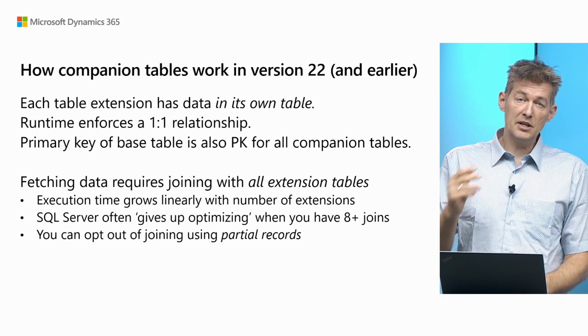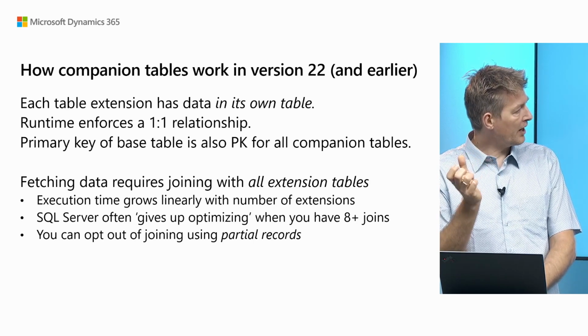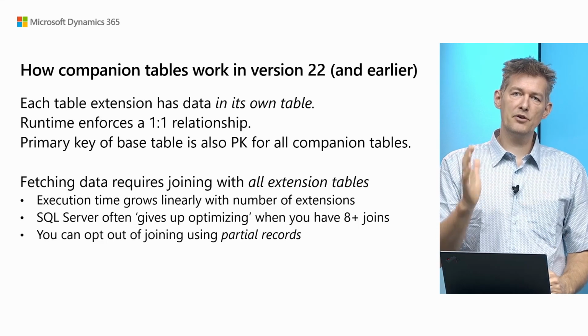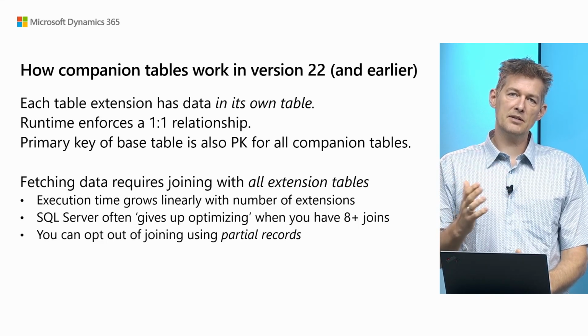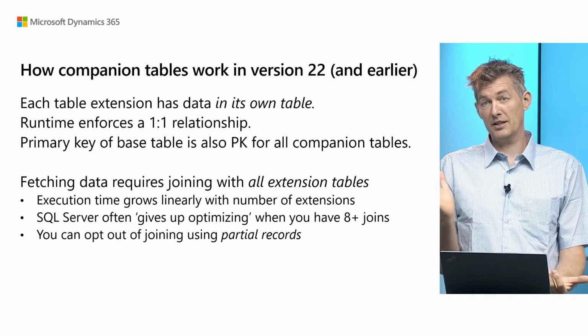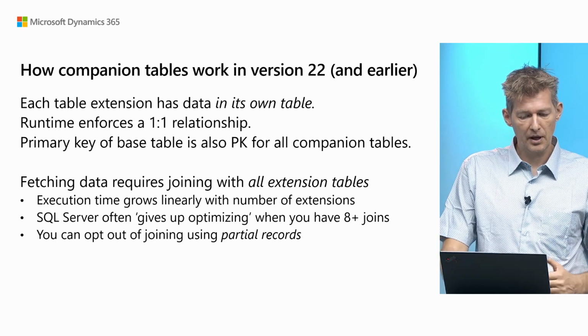And the SQL Server Query Optimizer has a hidden limit around 7 or 8 joins, where it will stop optimizing and simply use one join algorithm. And that means once you get past that step, you might have suboptimal plans, but there's nothing really you can do about it or we can do about it.